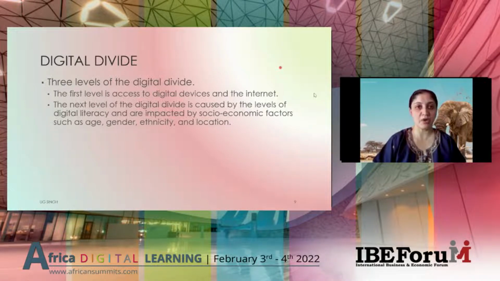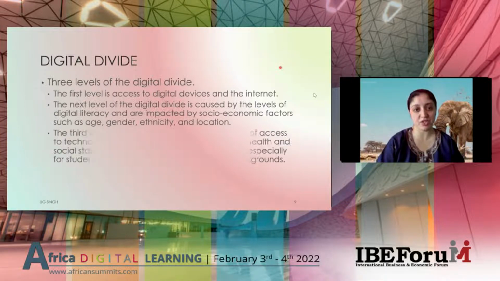So we speak about the gender digital divide and how females have less access compared to males. We speak about the location divide, so students who might have been living in rural areas having less access, less connectivity, and ethnicity, depending on whether they belong to more disadvantaged backgrounds, especially in the African region.